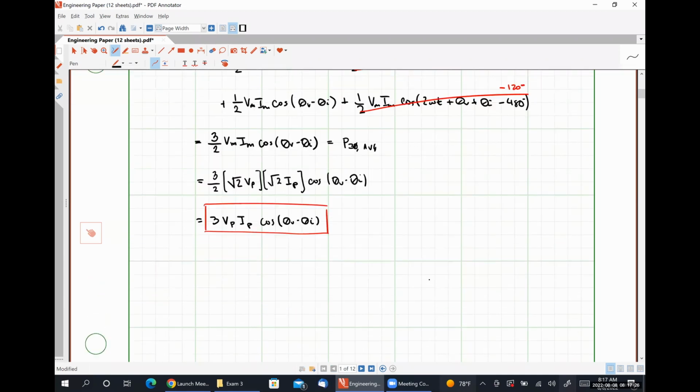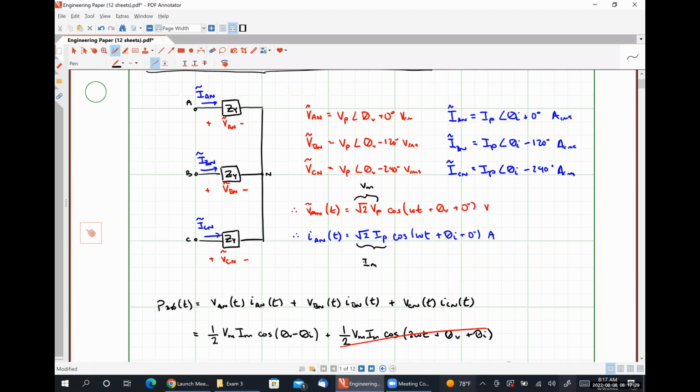I'm going to scroll up here and I'm just going to steal this diagram. We're going to use the exact same thing.